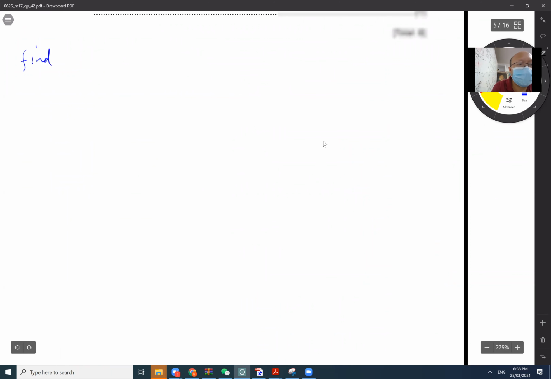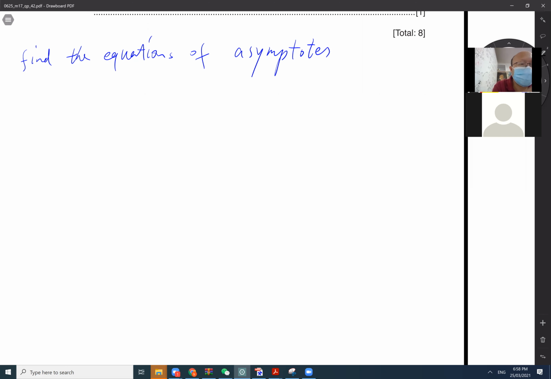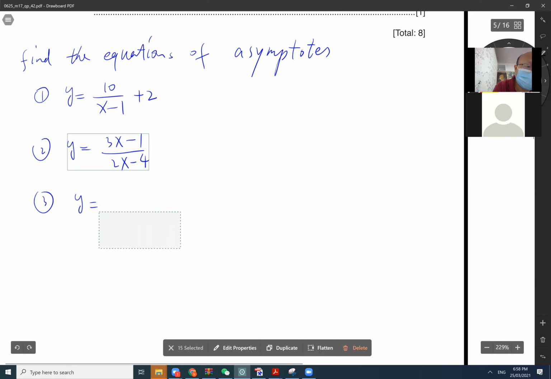Find the equation of asymptotes. Easier first.